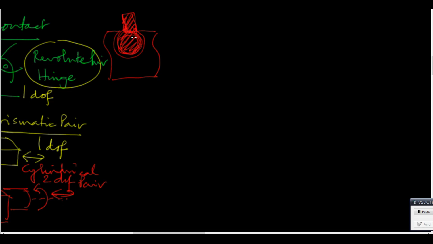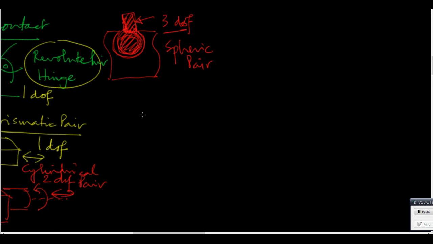So this is round and it fits inside a spherical cavity. And then what happens is this thing has 3 degrees of freedom. Spheric pair. See the book for a 3D picture.